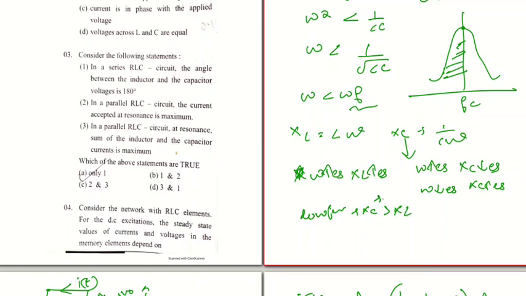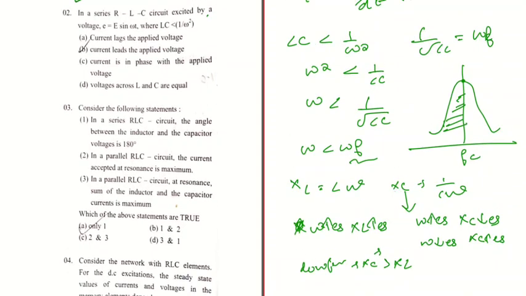That is, the circuit will act as capacitive in nature at low frequencies. And if it is capacitive in nature, the current leads the applied voltage. So for omega less than omega F in a series RLC circuit, please keep that in mind, the circuit will act as capacitive, and the current leads the applied voltage. So option B is the correct answer. Thank you. Let's move on to the next question.